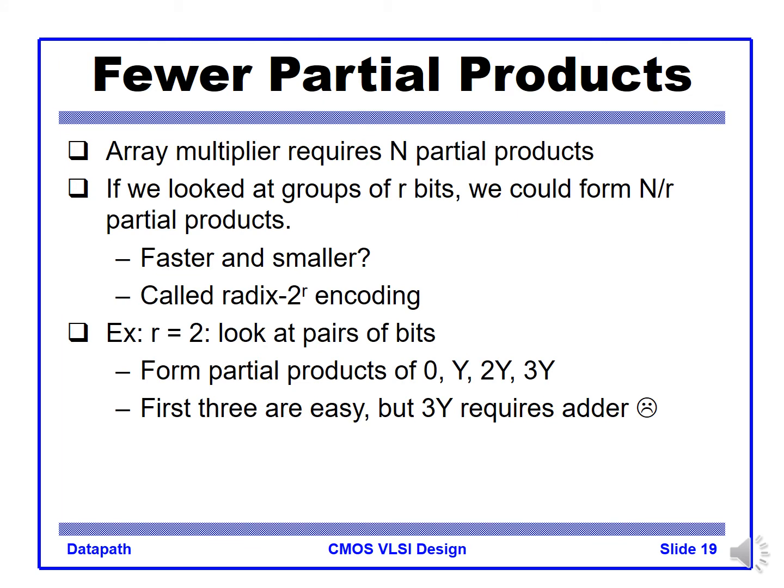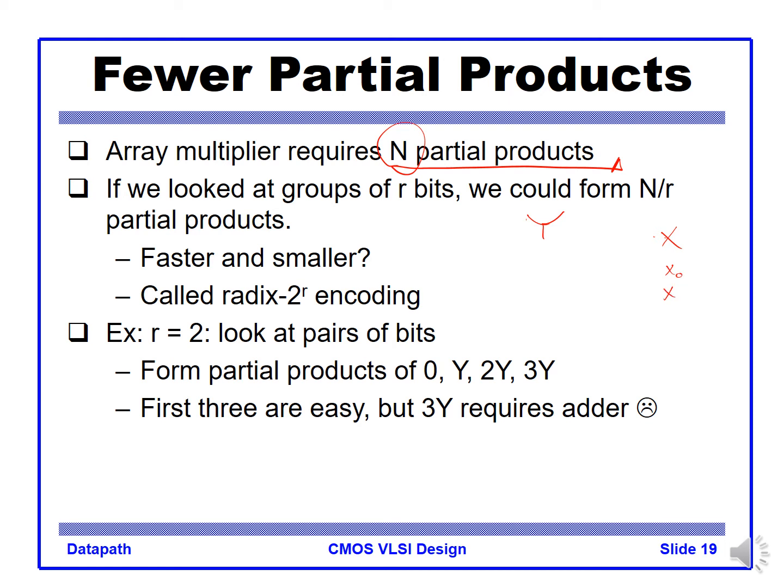Typically an array multiplier requires n partial products. If we can somehow reduce the number of partial products, we can perform the multiplication faster. For partial product generation, we always look at the multiplicand y and the multiplier x.